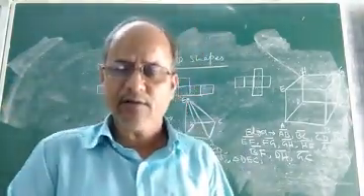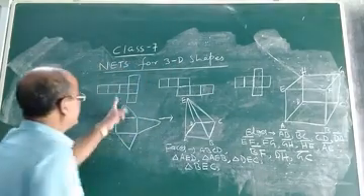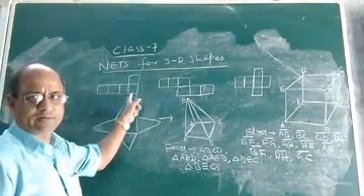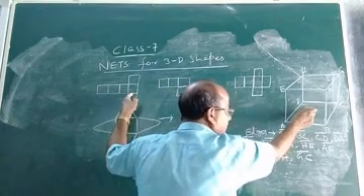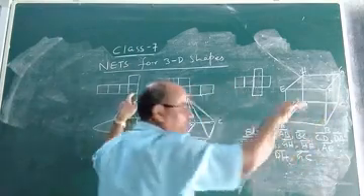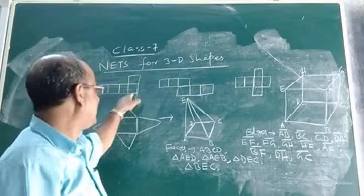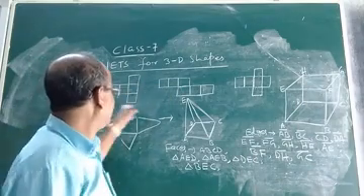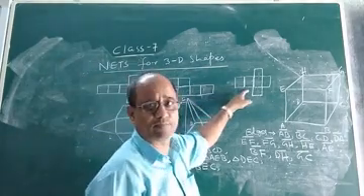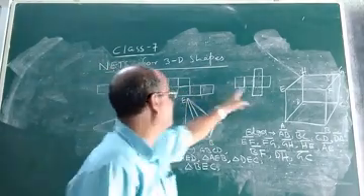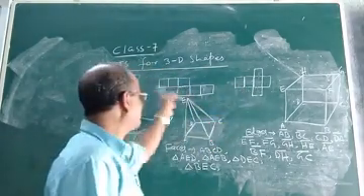You will get a net like this, you see. If you cut this cardboard, which is a cube, along its 12 edges, you will get a shape like this, or a shape like this, or a shape like this. So what are these shapes? These are nothing but the nets.